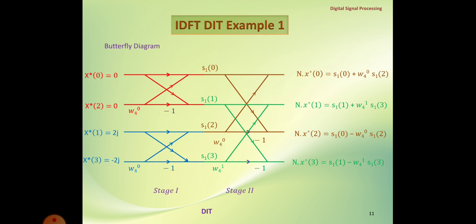In the first stage there will be two sections of butterflies, and in the second stage only a single section. The twiddle factor used for the first stage is omega 4 to the power 0, and as the ERF is 2, we have to use omega 4 to the power 0 two times. For stage 2, the twiddle factors required are 2, that is omega 4 to the power 0 and omega 4 to the power 1. As the ERF value is 1, we use each twiddle factor only once in stage 2.